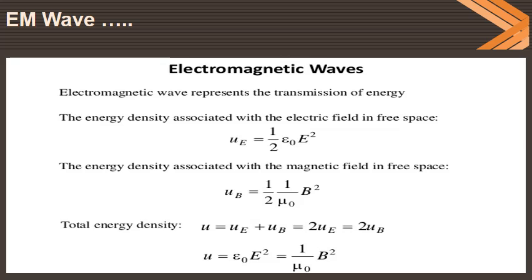Likewise in the transmission of energy, because we are interested in the energy and the powers, we can write the equation. Here will be the electric as well as the magnetic field, and the associated energy density is denoted by U.